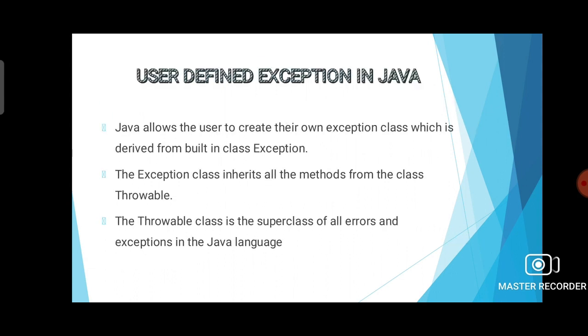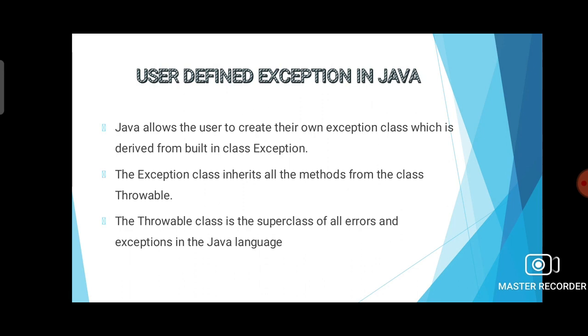In Java, exceptions are of two types: built-in exceptions and user-defined exceptions. Built-in exceptions means there are several classifications of exceptions defined in the Java libraries.